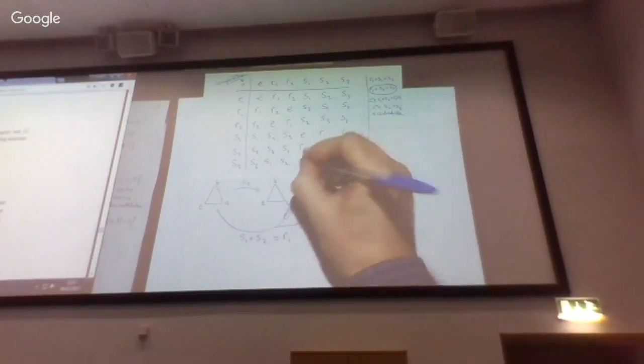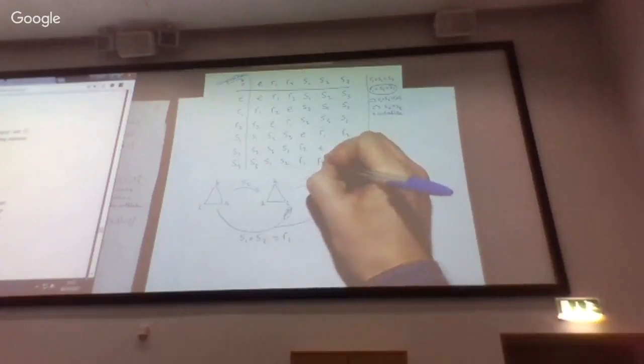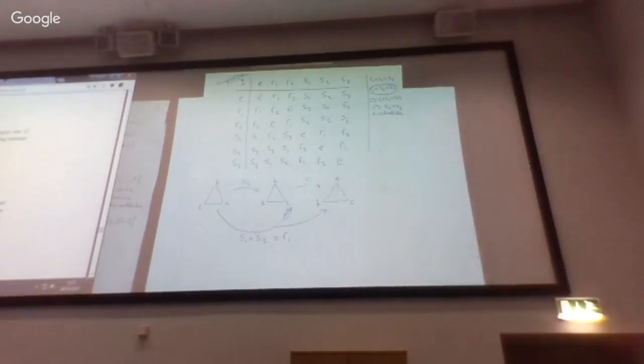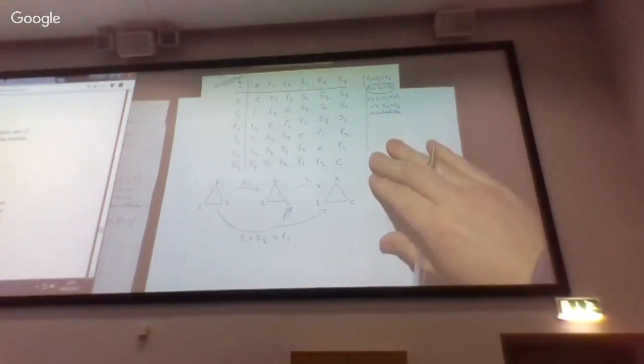So this will be R2, R1, R2, and R2. So that's how the table is.